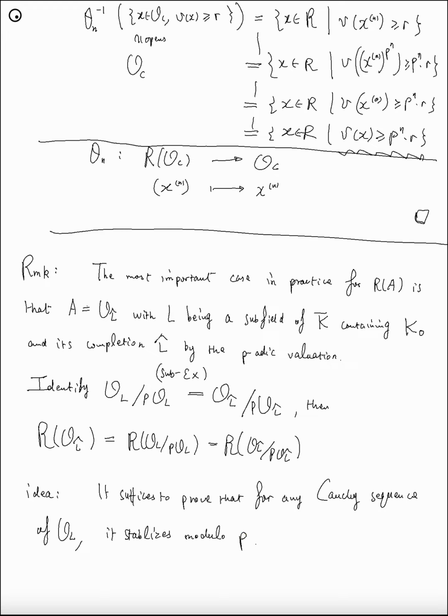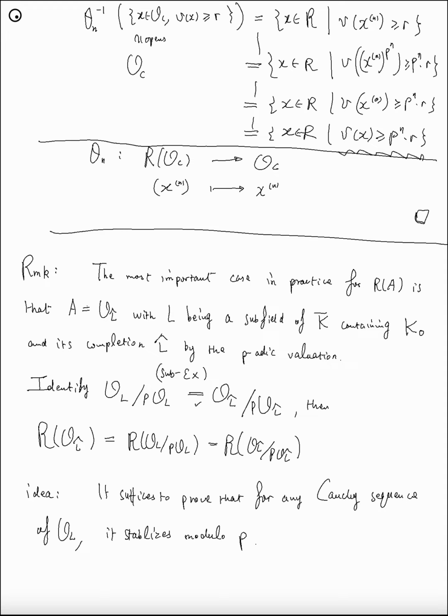Right, in particular this means that the limit, you have a representative still in O_L. And so there is a bijection, because the right hand side could be thought of as Cauchy sequences.